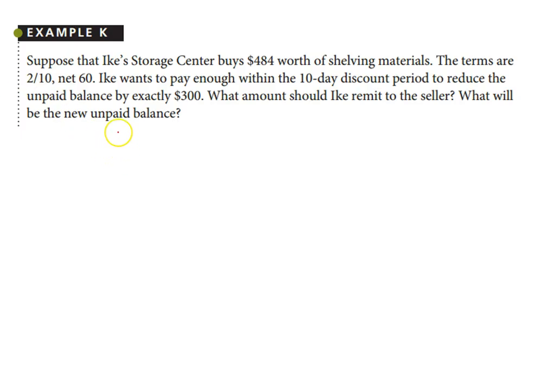So the first thing I'm going to do is to find our cash discount amount. And so that's simply our payment of $300. And this is because he wants to reduce the unpaid balance by exactly $300 times 2%.